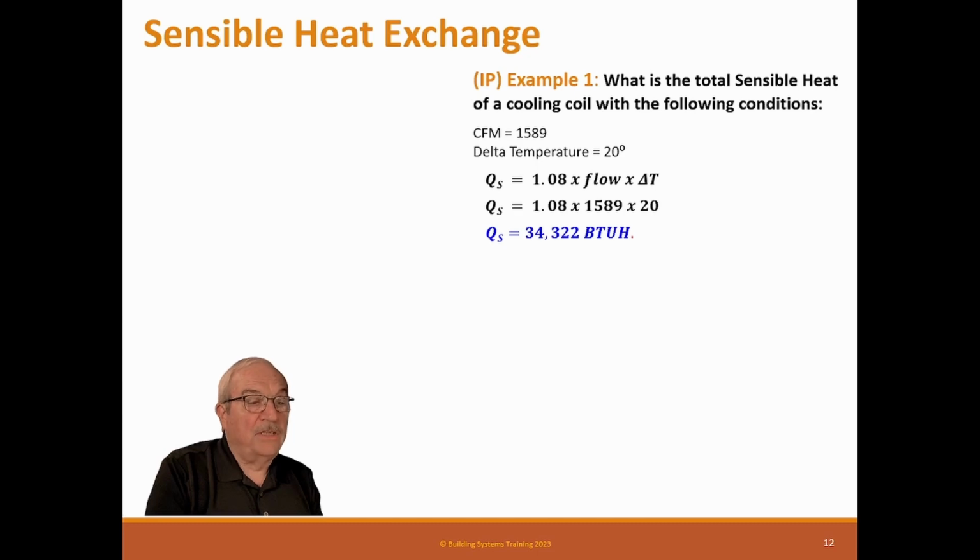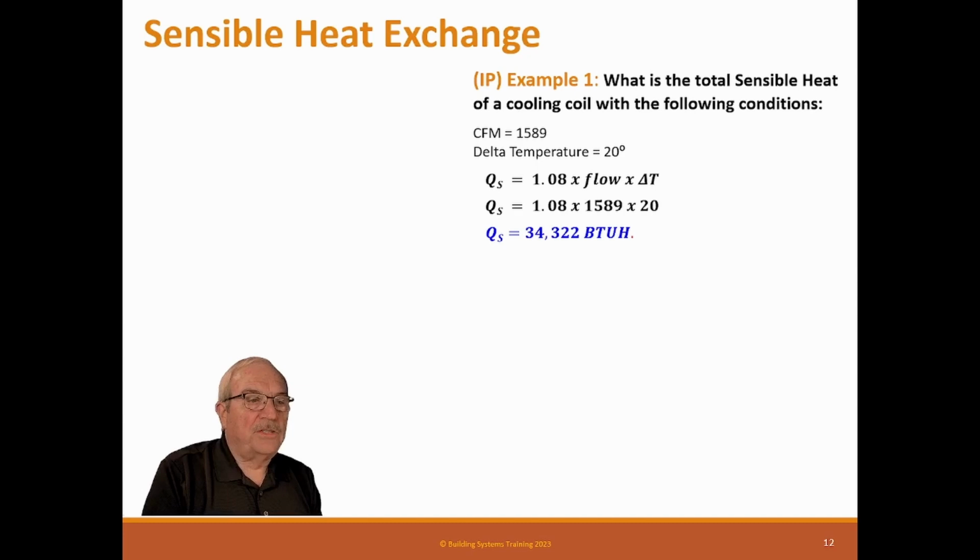It will have some latent heat in there, so it has some room for that. But it is important to know that on a unit, sensible heat always takes precedence. So if you have a coil that needs 40,000 BTU of total heat, and you have 34,000 sensible heat, but you have more latent heat than that, it won't do the latent heat. It will do all the sensible heat and a little bit of the latent heat.